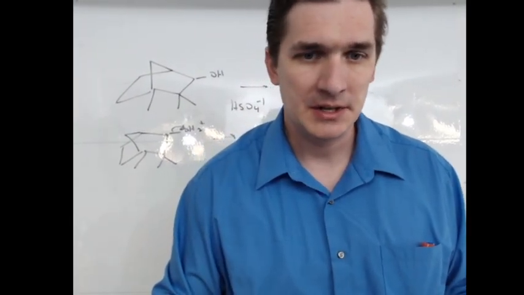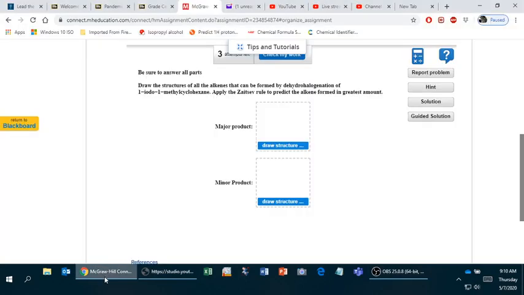I'm going to bring it up so you can actually see it. Draw the structures of the alkenes that can be formed by the dehydrohalogenation of 1-iodo-1-methylcyclohexane. Apply the Zaitsev rule to predict the alkene formed in the greatest amount. So first step is actually properly drawing this compound.